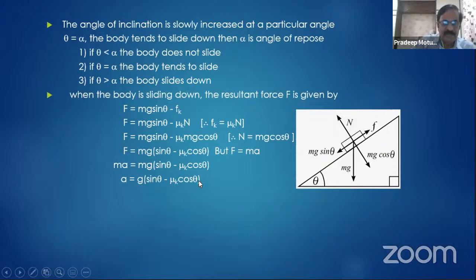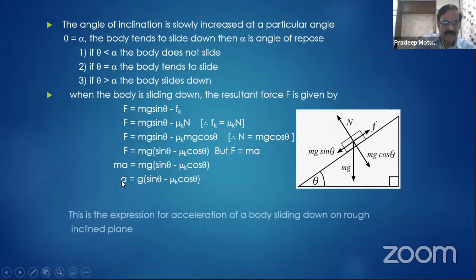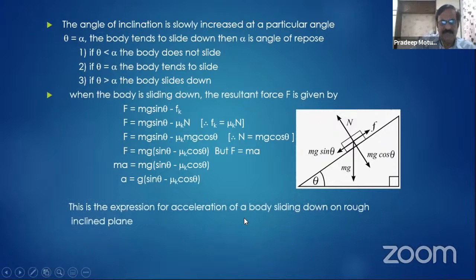By knowing all the values, you can easily calculate the acceleration. So this is the expression for acceleration of a body sliding down on a rough inclined plane.